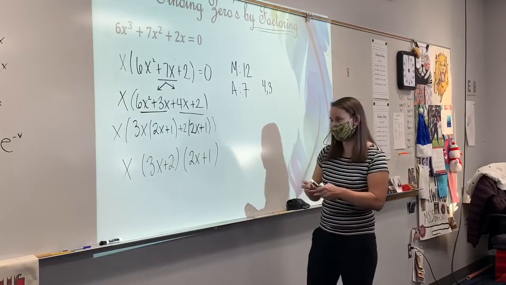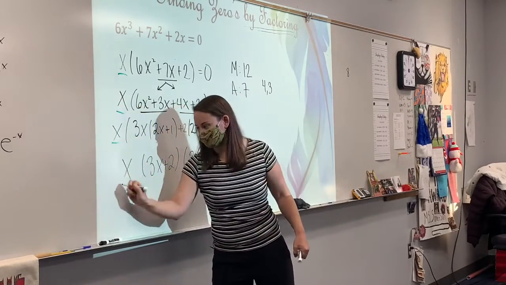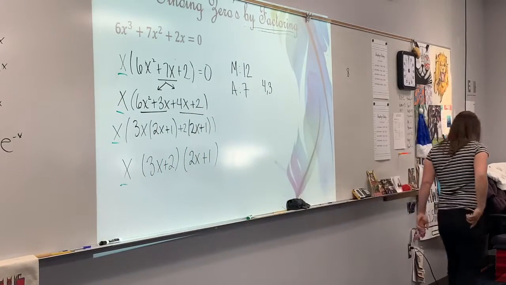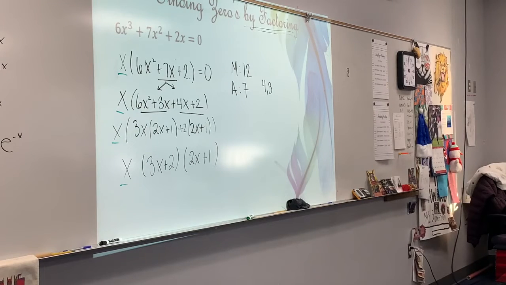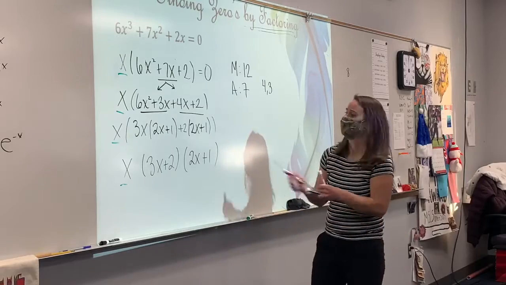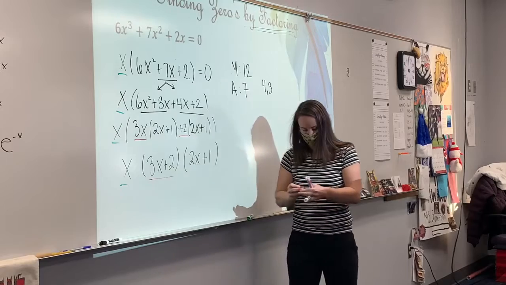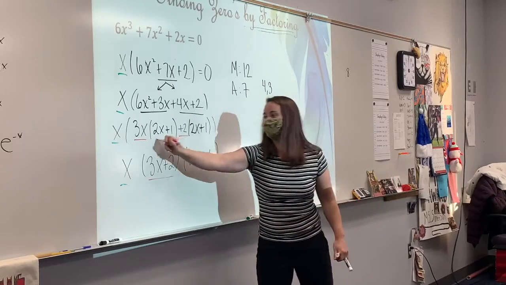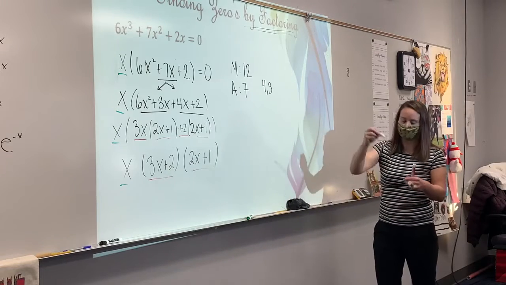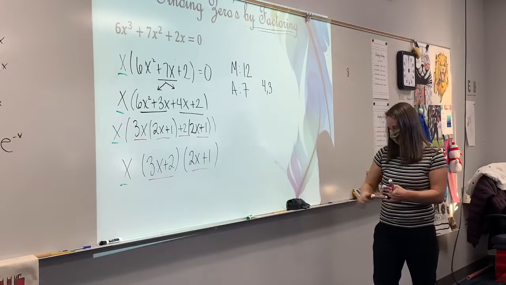So if you're confused about where I got these from, that x just came from dropping it down the entire time. The 3x plus 2 came from that. And the 2x plus 1 was written twice, but we only read it once, because we're pulling it out as a factor. So we're done with half of this problem.